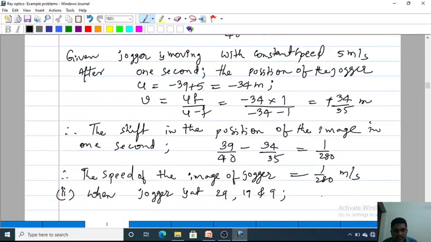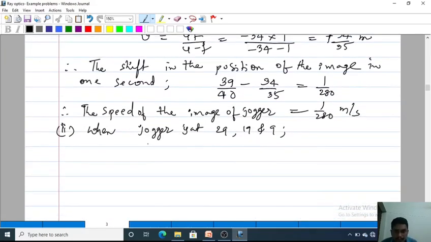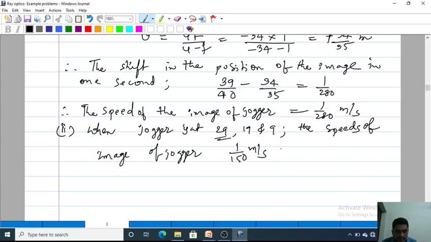After simplification you will get the speed of the image of the jogger as 1 by 150 meter per second when it is at 29 meters initially, 1 by 60 meter per second when the jogger is at 19 meters, and about 1 by 10 meter per second when the jogger is at 9 meters.